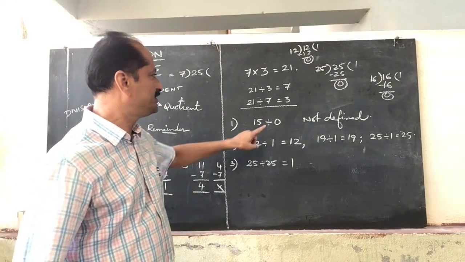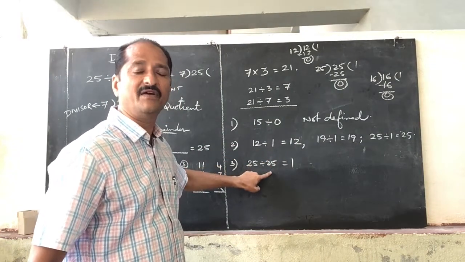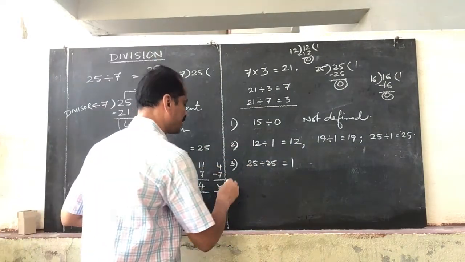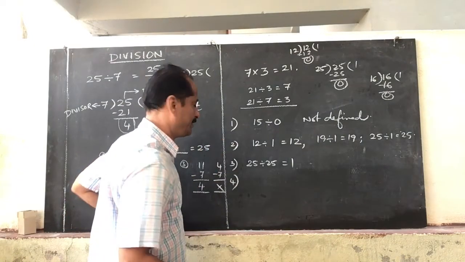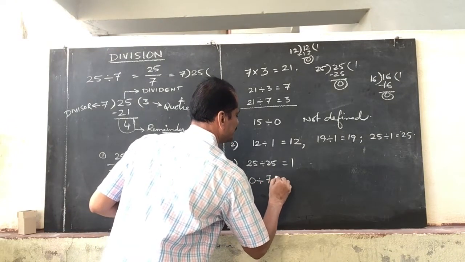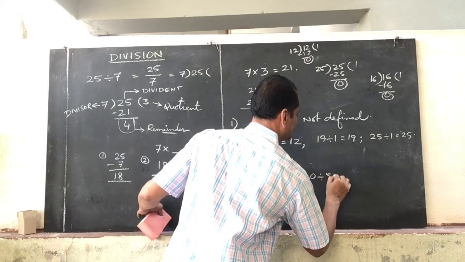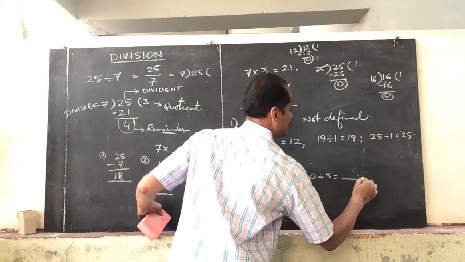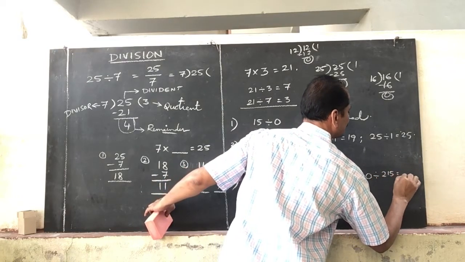So, division by 0, division with 1, dividing a number with itself, and the one more property you have to remember is dividing 0 with any number. 0 divided by 7, 0 divided by 5, 0 divided by 215, is equal to how much?